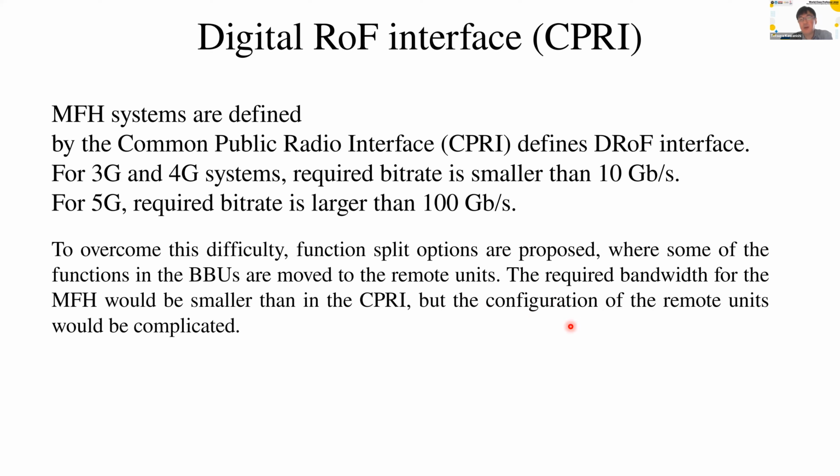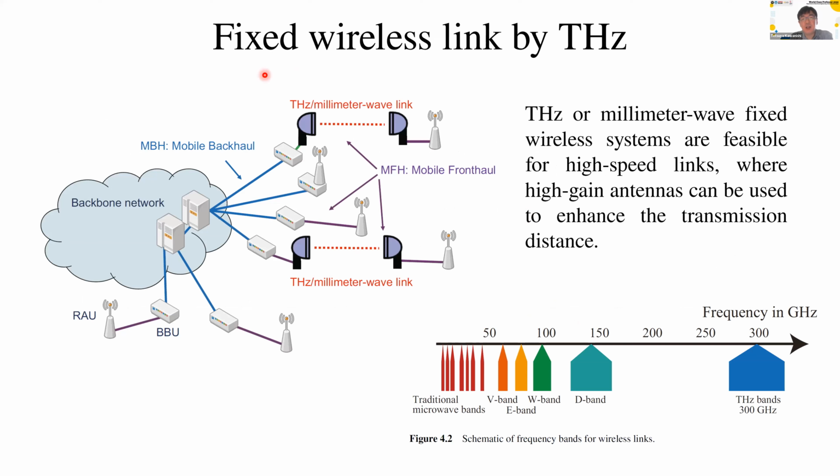And here I'd like to talk a little bit about the advanced configuration. We can use a fixed wireless link in a part of the mobile network. Of course, the transmission capacity should be large enough, because if we use the conventional radio system here, the transmission speed will be much smaller than in the optical fiber, so it will be a bottleneck of the total system.